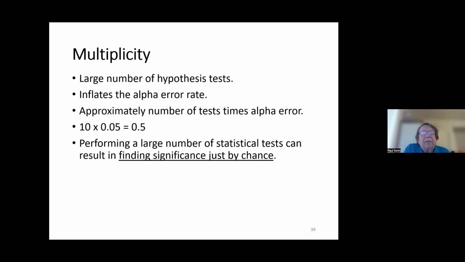The problem with this is that it inflates the alpha error rate, because the way that hypothesis testing is defined, if you do enough statistical tests, you're going to find significance just by chance. In other words, even if the p-value is 0.05, because you've done, say, 10 or 20 or 30 different tests, that could have occurred just by chance.